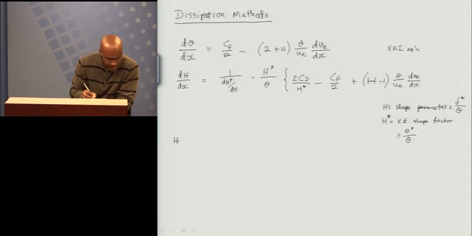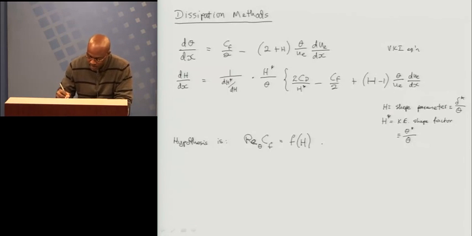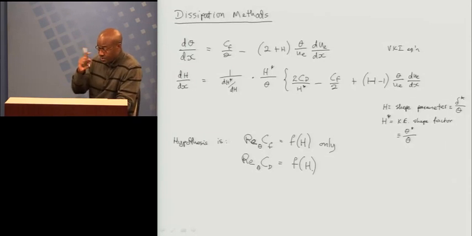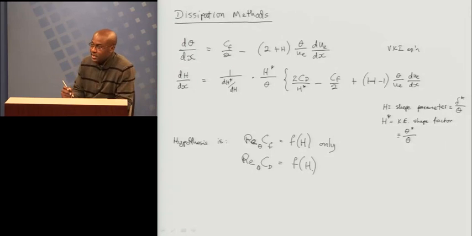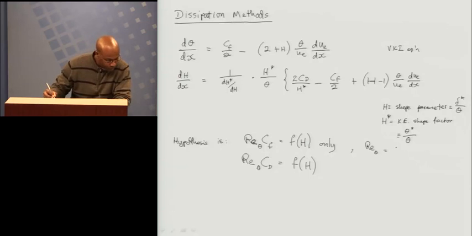It's based on the hypothesis that the Reynolds number defined on theta, so defined on our length scale as the momentum thickness, and these two quantities, the dissipation coefficient and the skin friction coefficient, are only functions of H, where the Reynolds number based on theta is Re theta equals ue theta over nu.